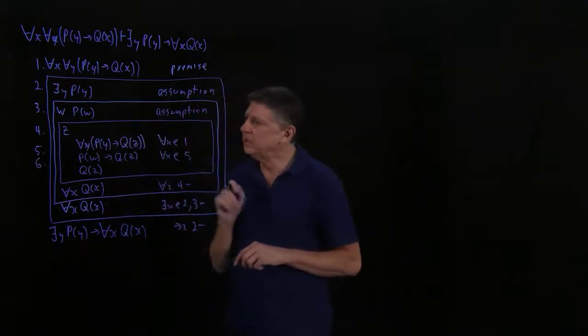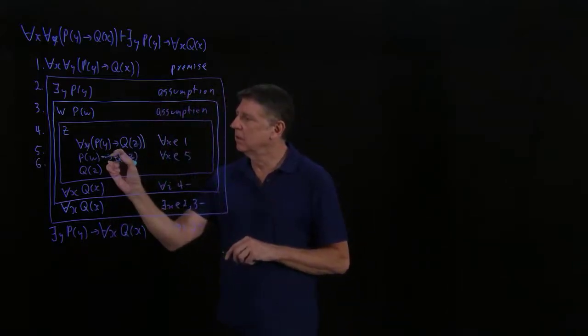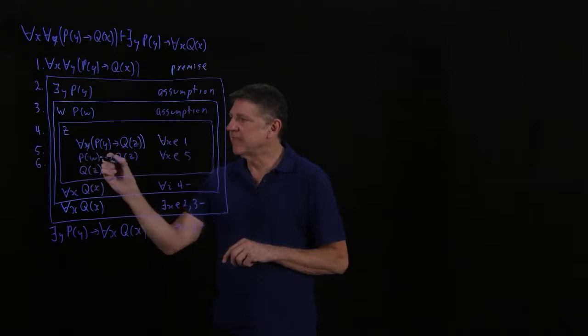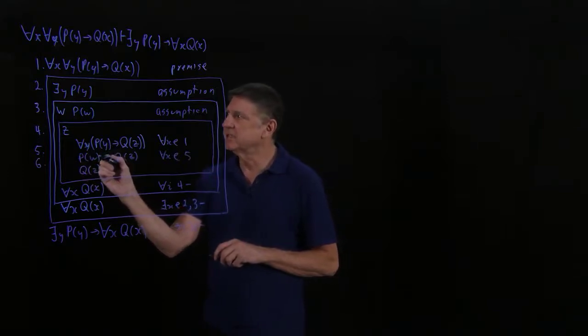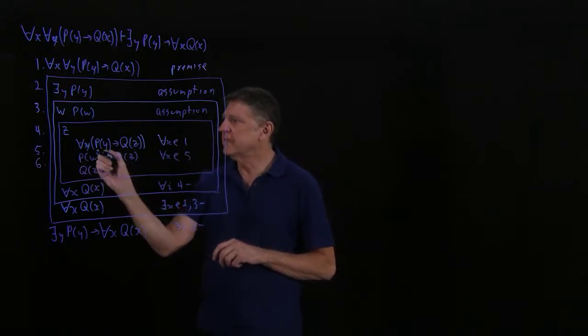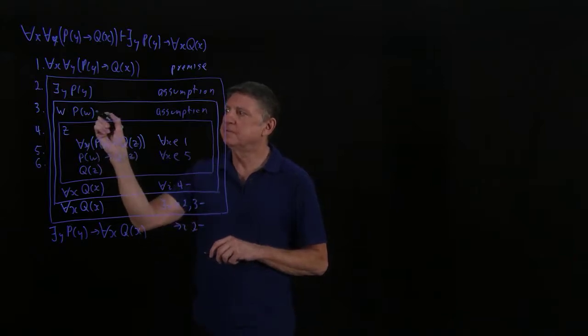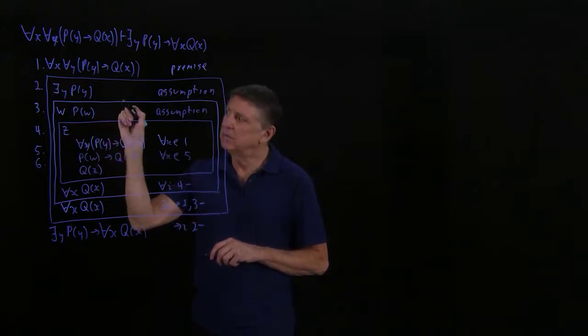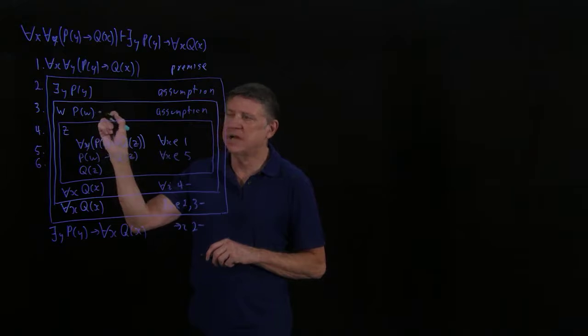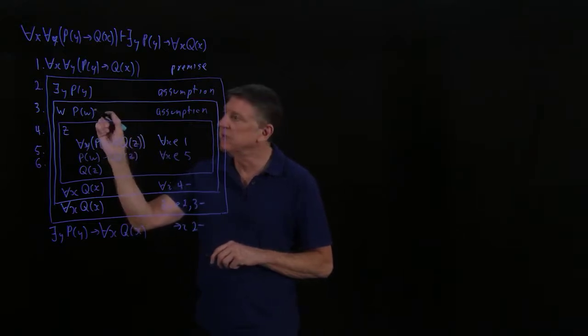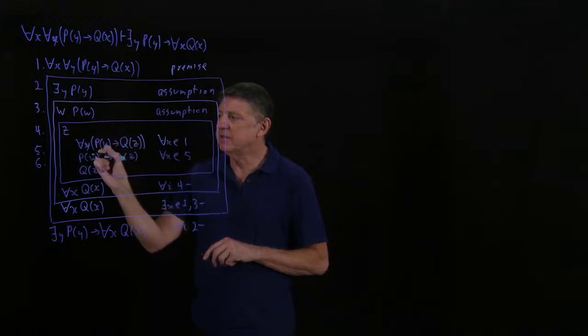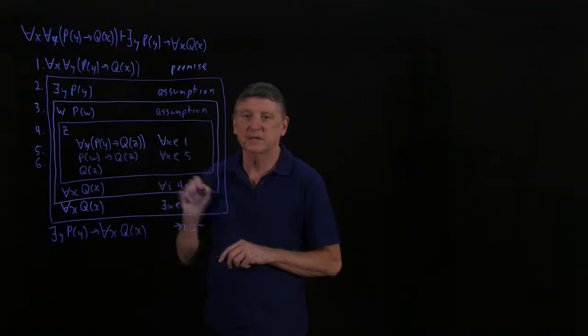So what could I do next? Well, if I look at this and I look at all of the preceding lines that are within scope, as I go up I see, oh, p of w is in a line. It's a justified part of my proof. So that could be the antecedent. Does it matter here that the antecedent has one variable and the consequent has another?